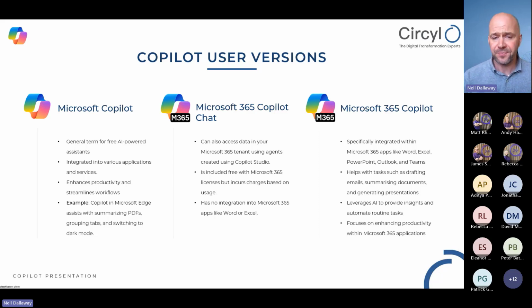So rather than it just being based on web data, it can actually integrate with your internal systems a lot better. And then finally, Microsoft 365 Copilot, the difference there is that it starts to integrate with all of your applications. So it will be built into Word, Excel, PowerPoint, and I'll be touching on how that works a little bit later in the presentation. But those are the three versions that you should be aware of for the purposes of this webinar.